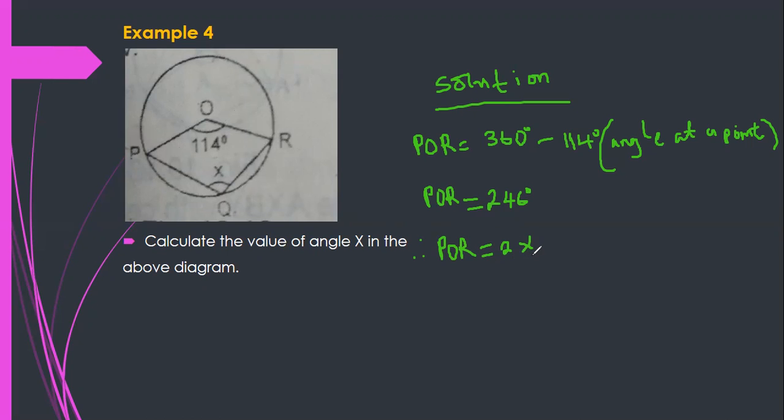So POR equal to 2x for us to get this angle. Why are we saying that? Because the angle at the center is twice the angle at the circumference.